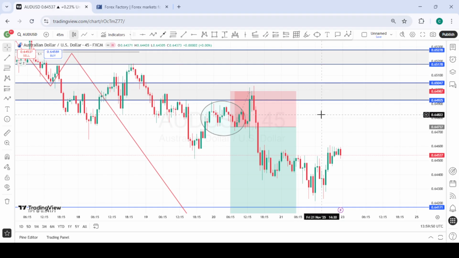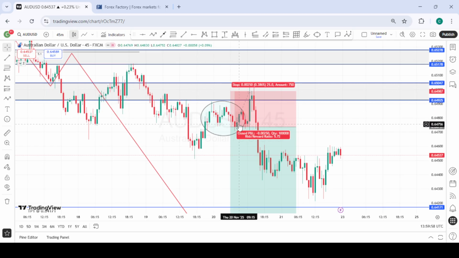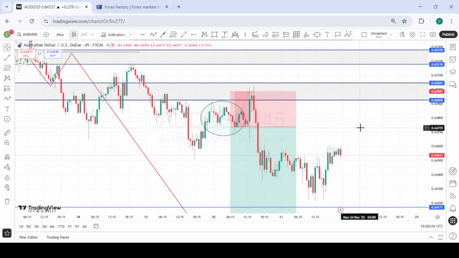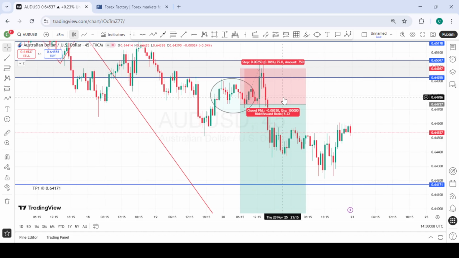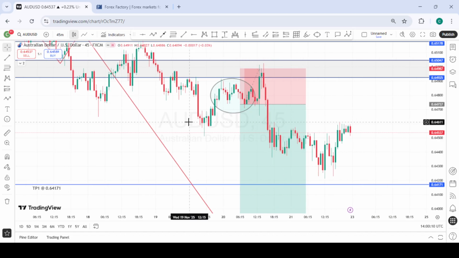But due to impatience, the reversal pattern even happened before mitigating or finding its way to the area of interest. So after taking this position, NFP came and took us out, and then later kept dropping as we were anticipating earlier. So this loss was out of impatience. So we lost on this trade.